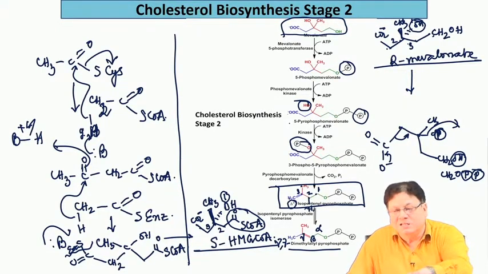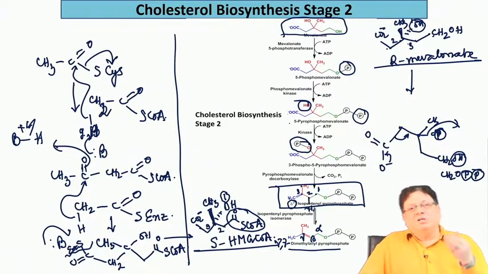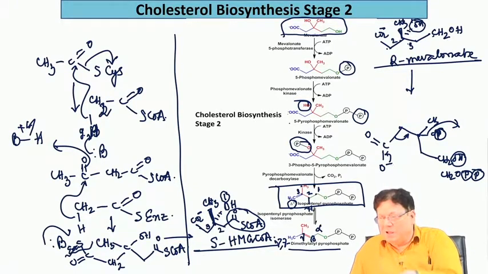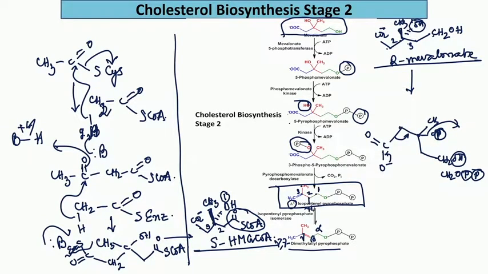So, basically the condensation reaction between the 3 acetate units led to HMG CoA, and then HMG CoA undergoes phosphorylation, bisphosphorylation and decarboxylation, and ultimately what you get is mevalonate, a mevalonic acid which is in the R configuration. Then through decarboxylation, what you get is isopentenyl pyrophosphate, which is in equilibrium with gamma-gamma dimethyl allyl pyrophosphate. So, these are all 5 carbon units, C5 units.